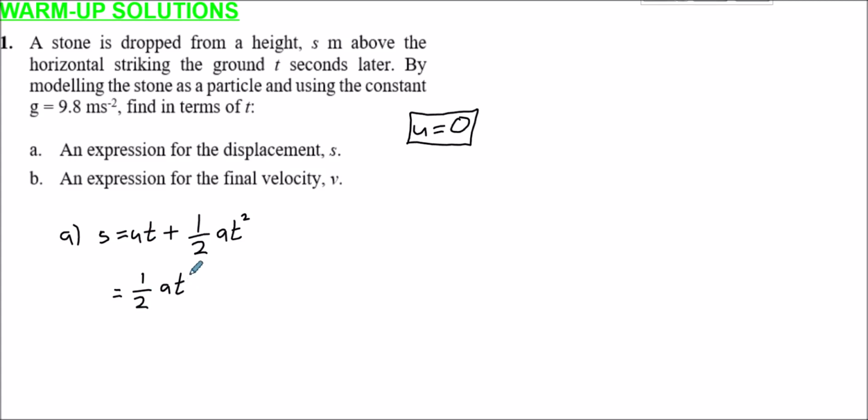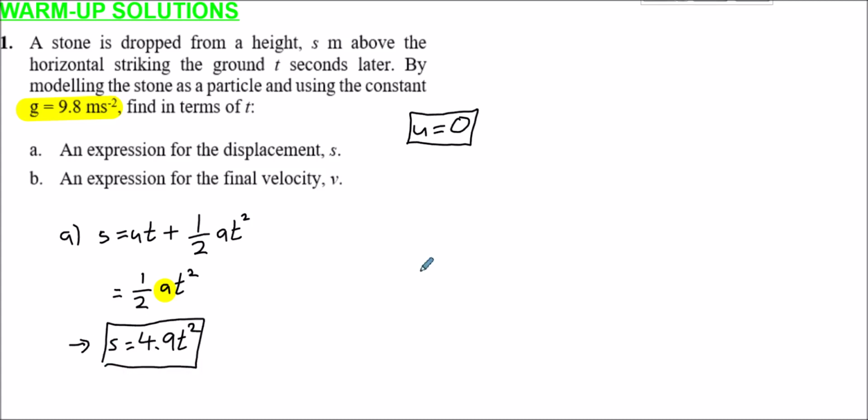But the acceleration due to gravity is g, and so we can substitute in that a is actually g. If we use a is 9.8, we get that s equals half of 9.8, which is 4.9, then t squared. So s equals 4.9 t squared.